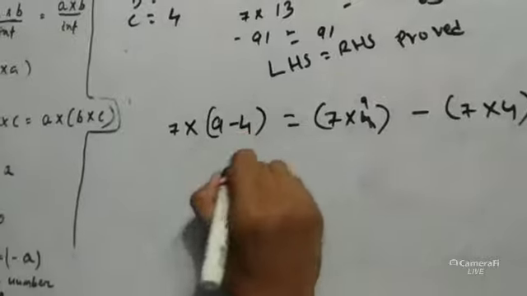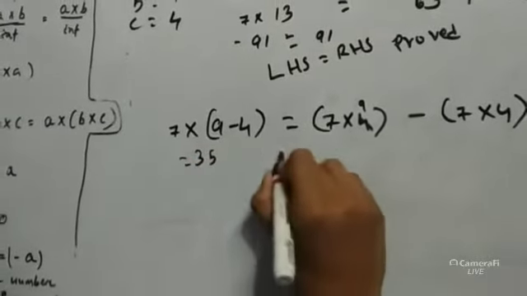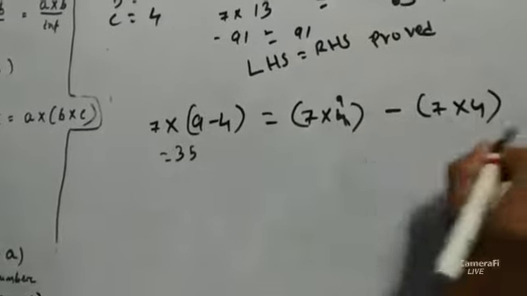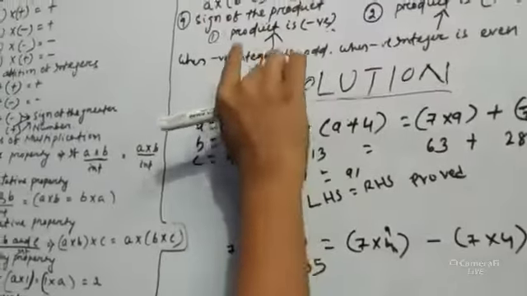Then we'll check it: the result equals 35. Now we'll go for sign of the product.